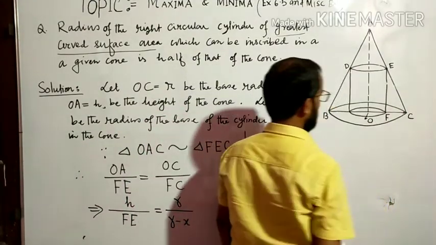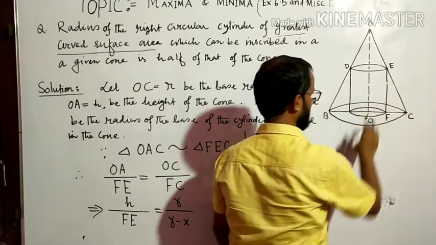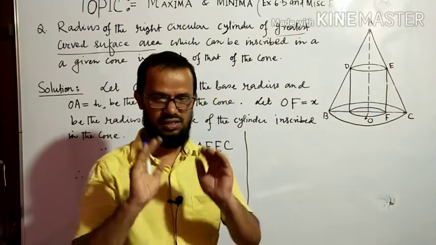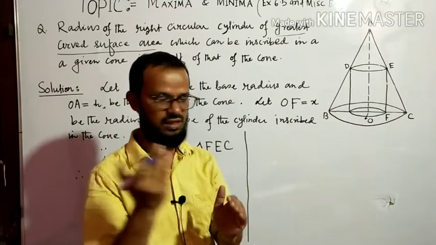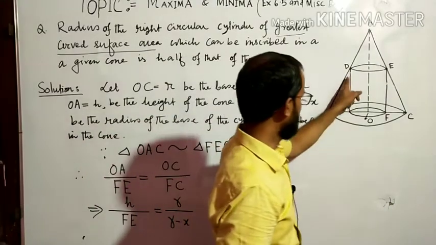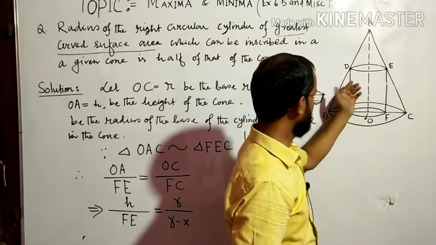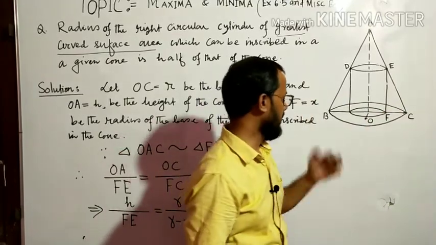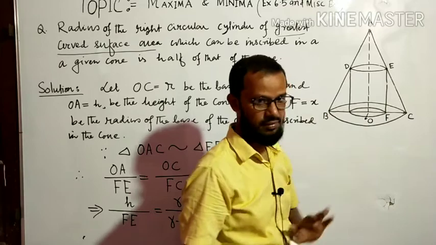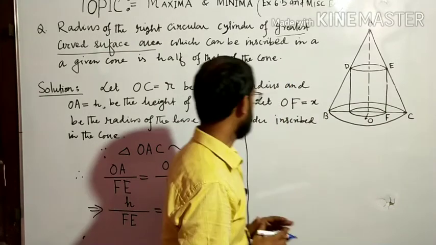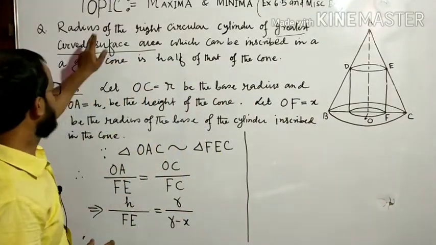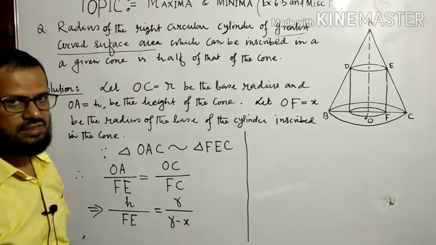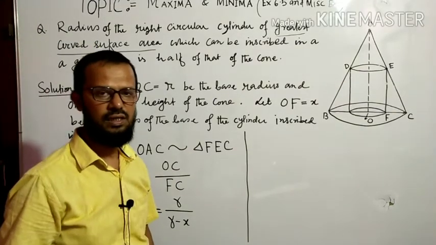Now you are to show that the curved surface area, what is the curved surface area? The curved surface of a cylinder is this curved part, not this area or that area. That area will be maximum when the radius of the right circular cylinder is equal to half of the radius of the cone.